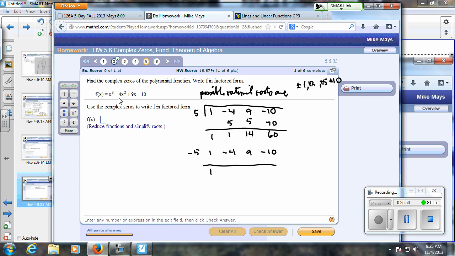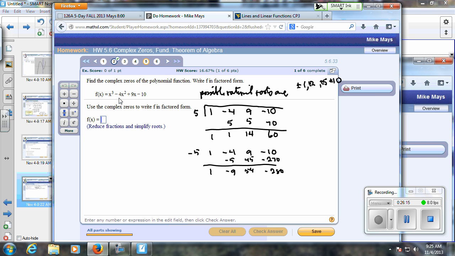So 1 times minus 5 is minus 5, and add, minus 9, times minus 5 is 45, and add, and it's 54, times minus 5 is minus 270, and add is minus 280. Same kind of reasoning.